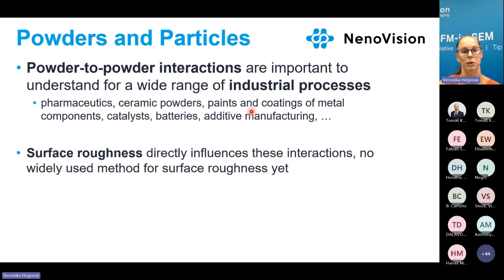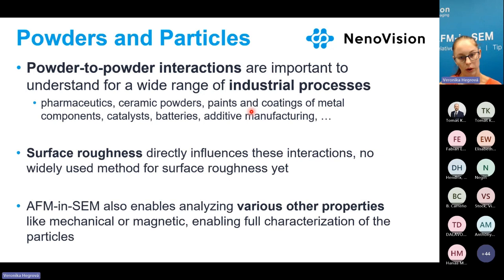And so these interactions are different according to the surface roughness, which we have as well. These interactions will change how adhesive it is or how other treatments are binding onto it.